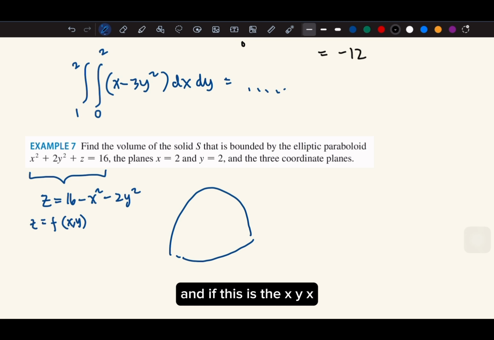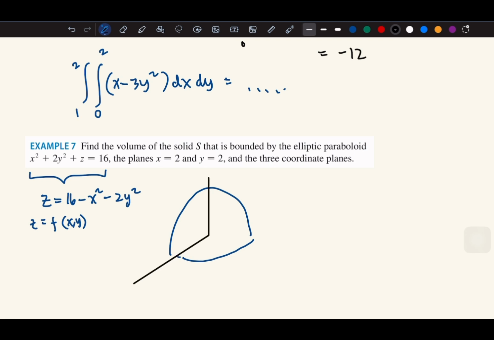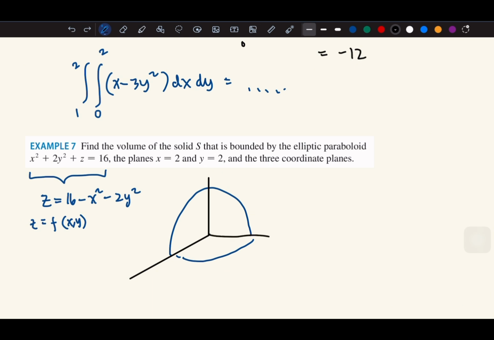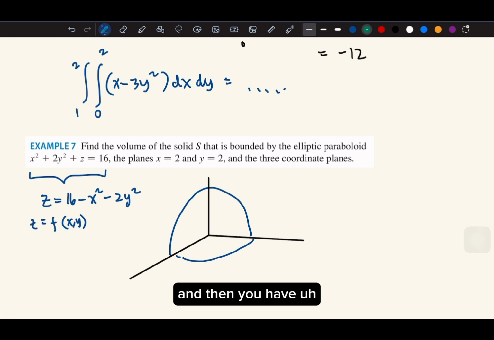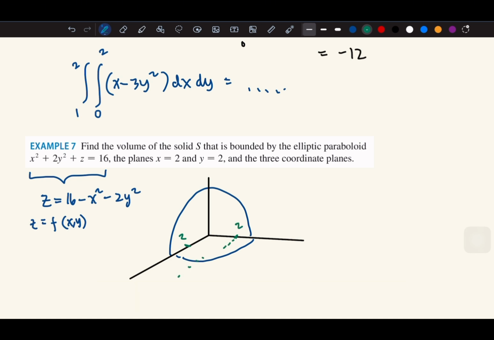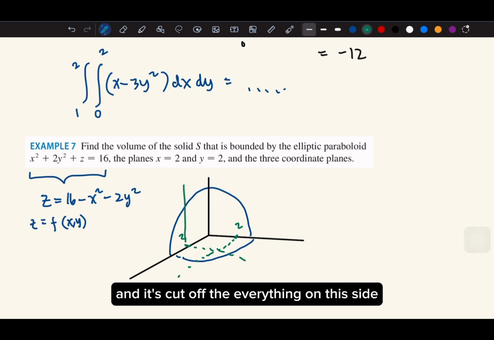So you have the paraboloid and have an ellipse on the xy, and then that paraboloid will be cut by the planes. So you can imagine, like you have a paraboloid like that, and if this is x, and this is y. Oh wait. And then you have, let's say here is the 2 and this is another 2, and it cuts off everything on this side.